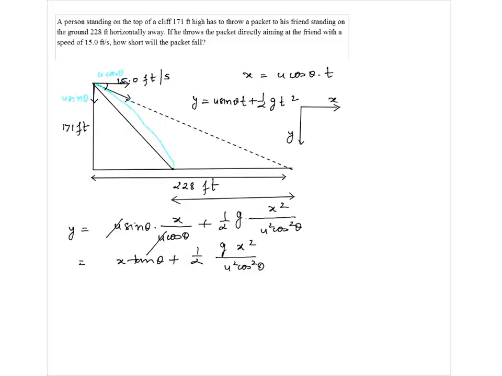It's a quadratic in x. Not a great sign, but one value should be rejected. Let's see. Now, if this is x, then y should be 171.